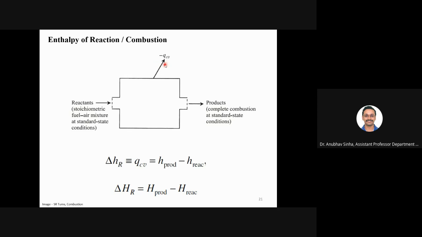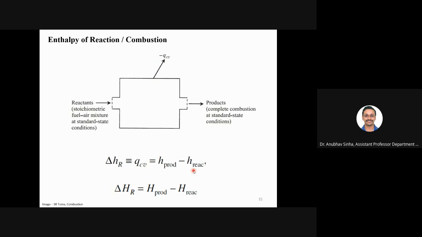Let's say that we have delta HR, the change in enthalpy. Now this will be equal to QCV. How much heat is produced? QCV is the heat transfer from the control volume, and that will be equal to the difference between the enthalpy of product and reactant.